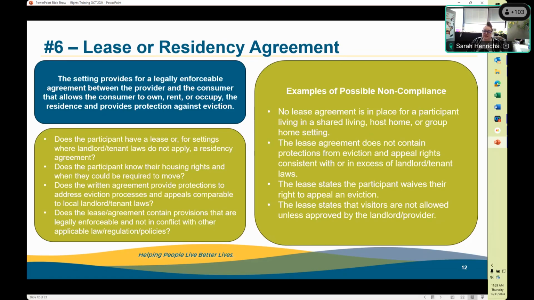Or if the lease stated, for example, that visitors aren't allowed unless they're approved by the landlord, that is not legally enforceable. That is in violation of the final settings rule, amongst other things. They can't use a lease to circumvent other laws, regulations, or requirements.